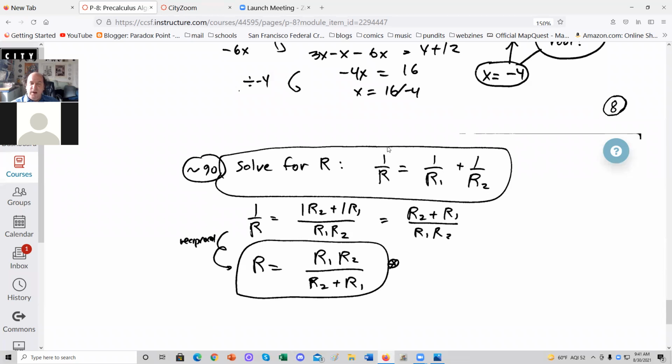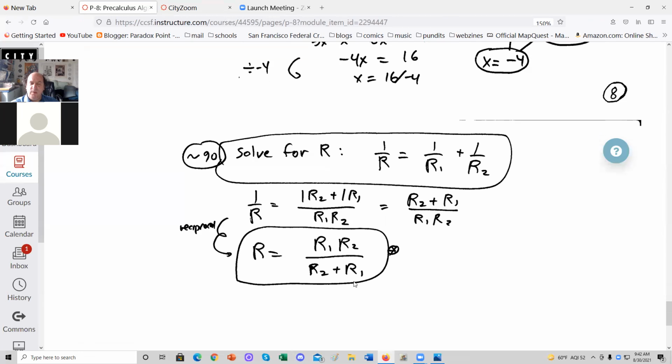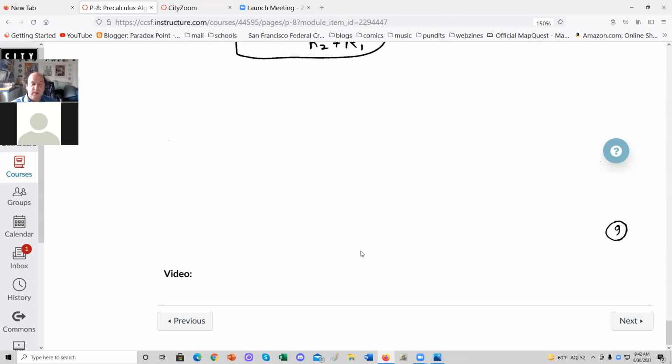Let's solve for R. First we multiply out the right side: 1 over R2 plus 1 over R1 is R2 plus R1 over R1 R2. So 1 over R equals R2 plus R1 over R1 times R2. Take the reciprocal of both sides, and R equals R1 R2 over R2 plus R1. And that concludes that.